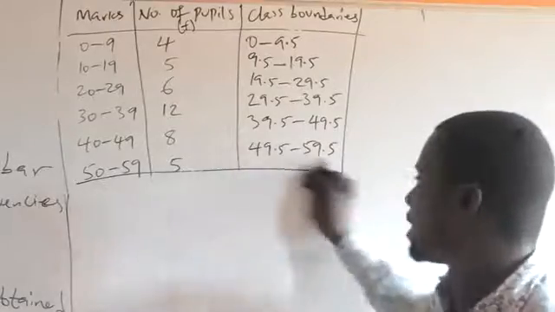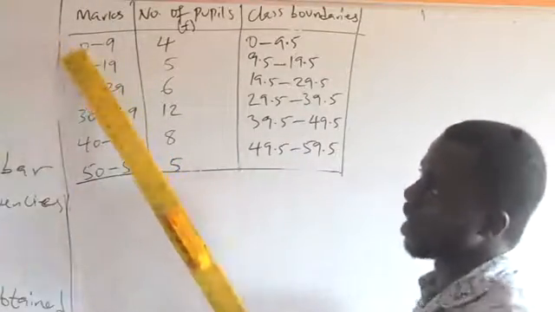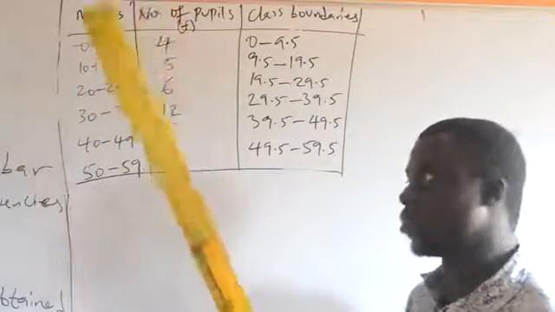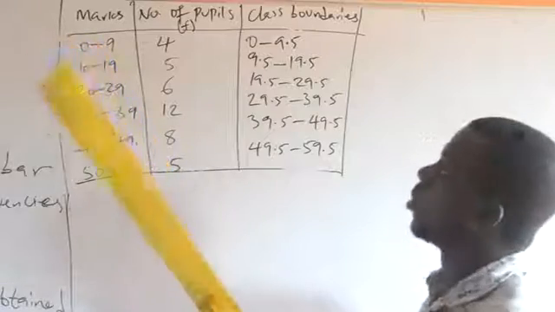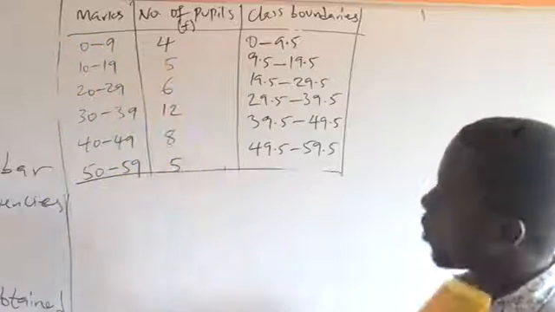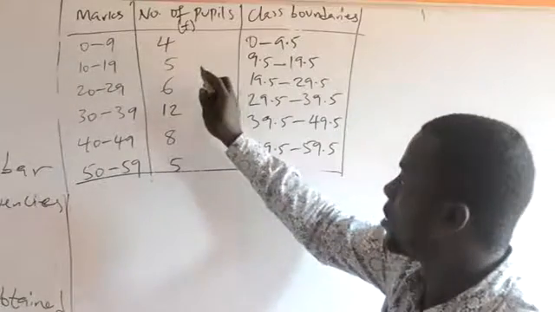So that's how to get the class boundary. For the lower one, you remove 0.5; for the upper one, you add 0.5. And I told you the reason we don't subtract 0.5 from 0 is that nothing is there. Okay. So the y-axis will contain this frequency.